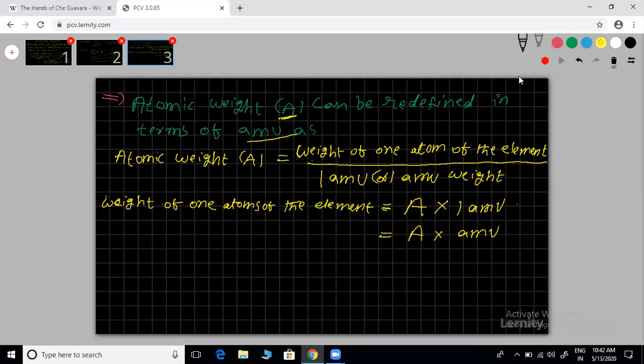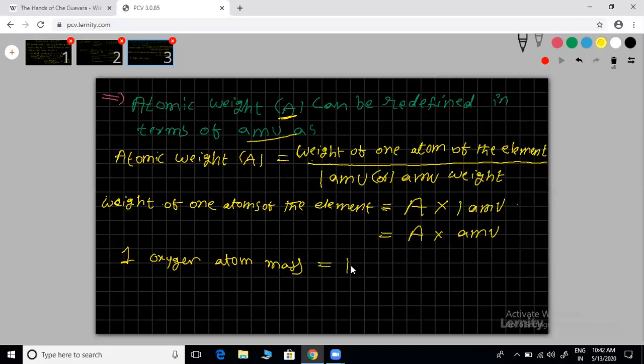For example, I need to calculate the weight of one oxygen atom. One oxygen atom mass equals 16, as you know.